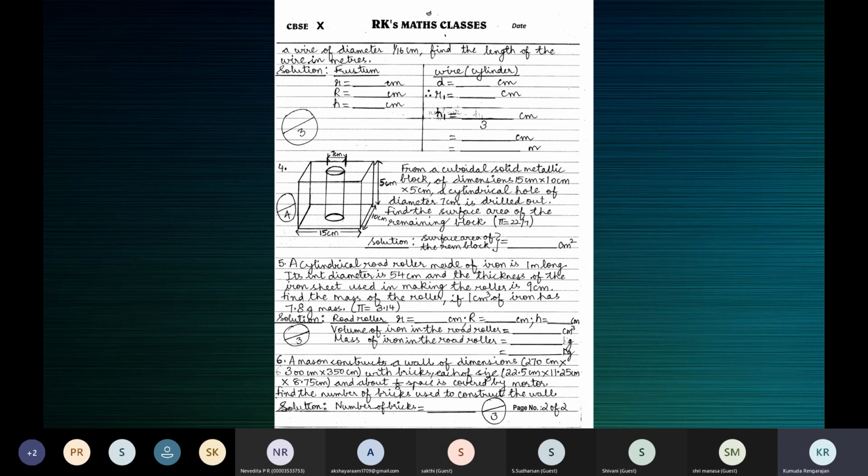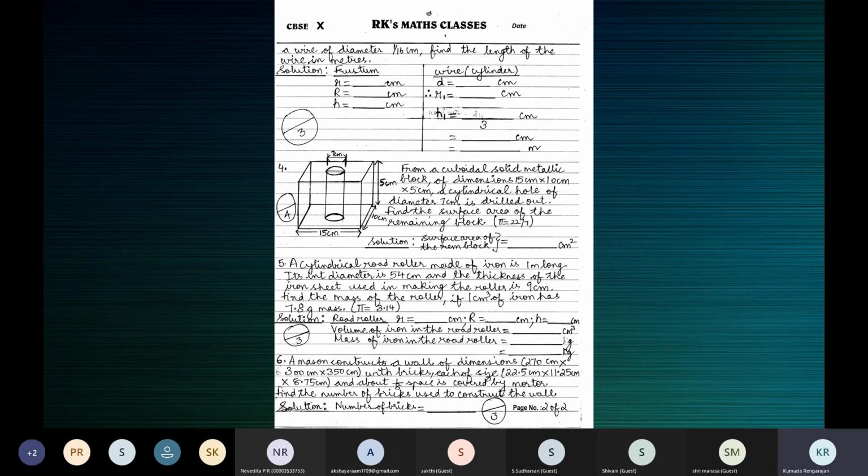From a cuboidal solid metallic block of dimensions 15 centimeters by 10 centimeters by 5 centimeters, a cylindrical hole, not just a circle, a cylindrical hole, meaning a cylinder, of diameter 7 centimeters, so radius 7 by 2, is drilled out.